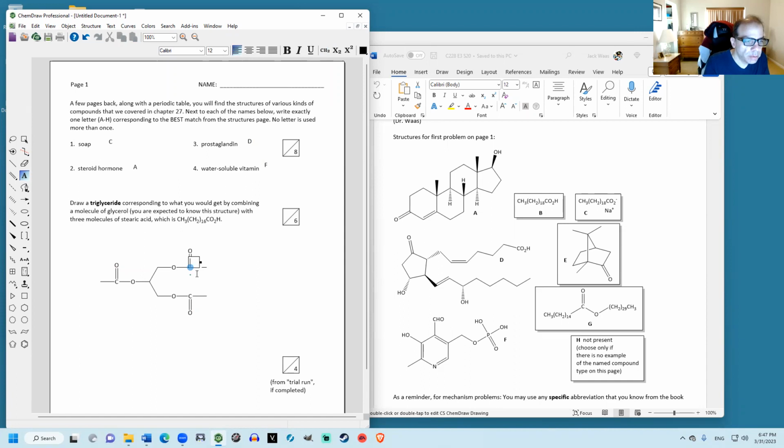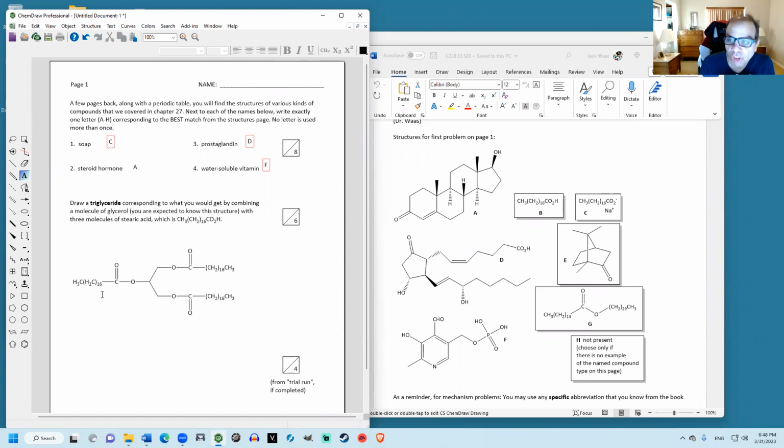And then we put the rest of it, which is 16 CH2s, then CH3. I'm worried something horrible will happen if I double click. I guess it's not too bad. I think that's still legible enough. CH3, CH2, 16. So that's how you draw a triglyceride.